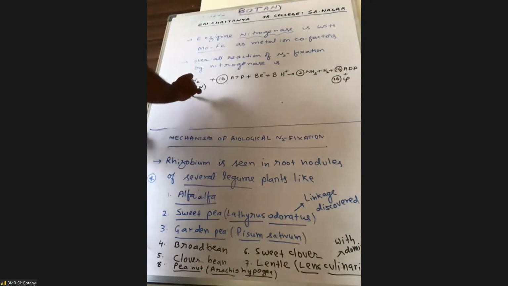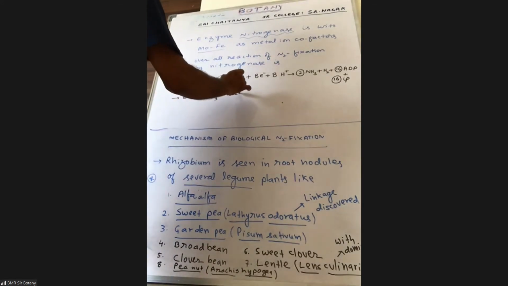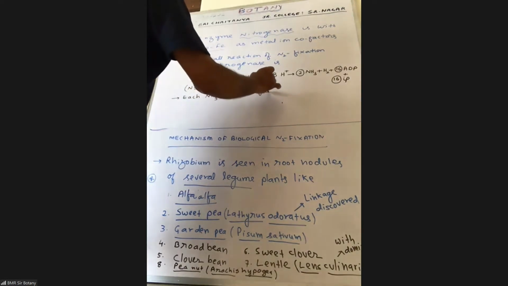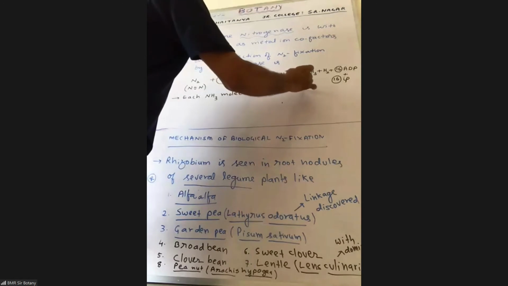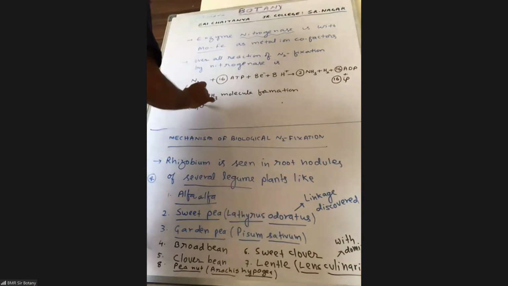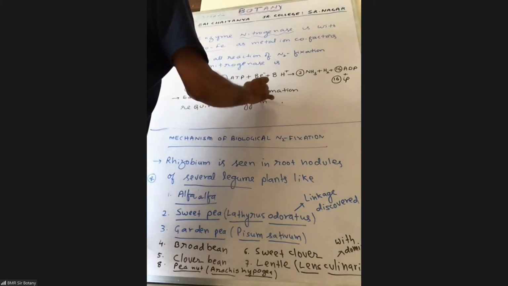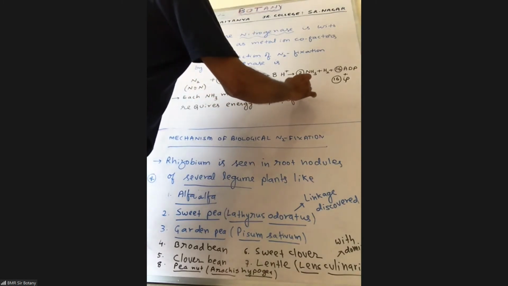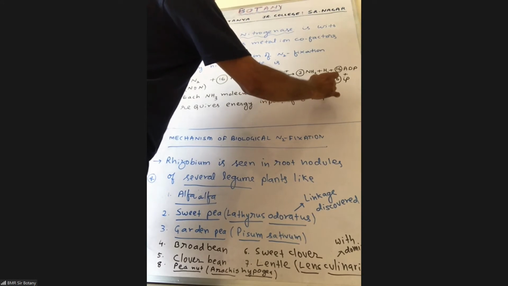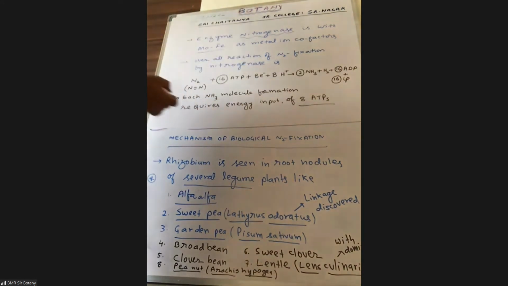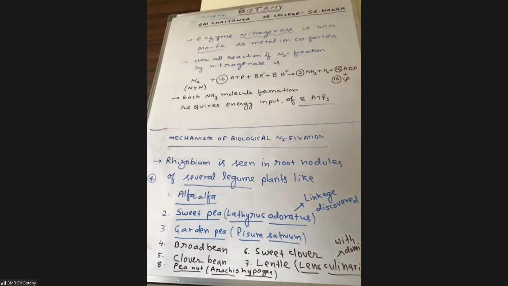So each NH3 molecule formation requires energy input of 8 molecules of ATP. Naturally. Okay.